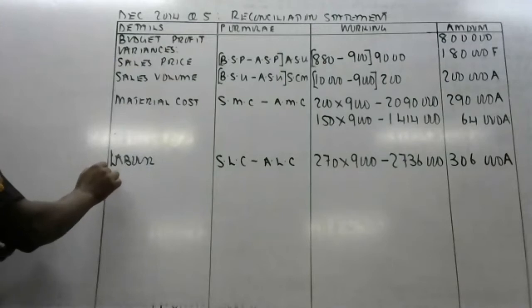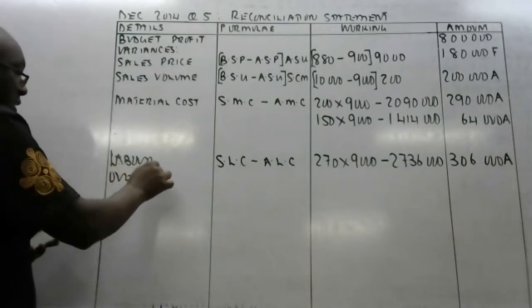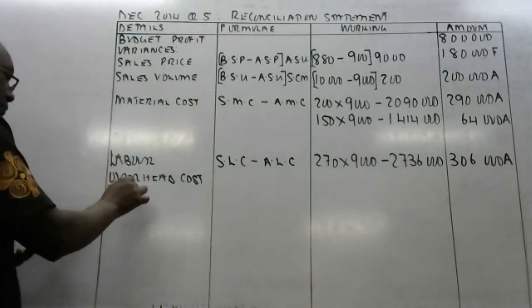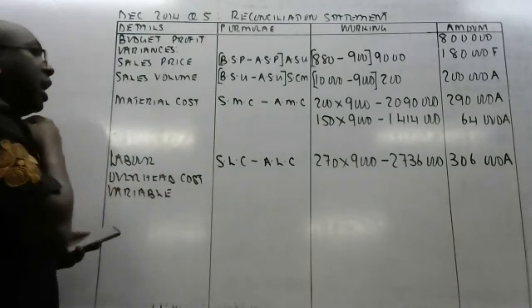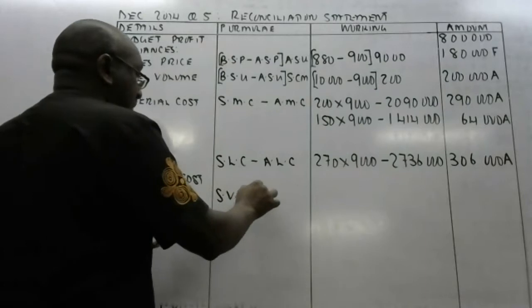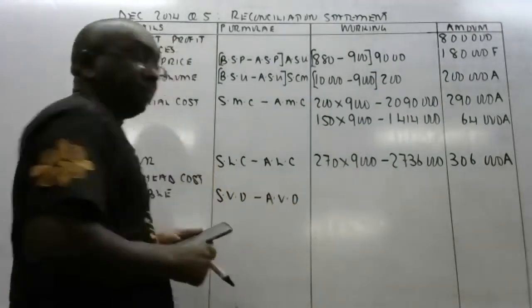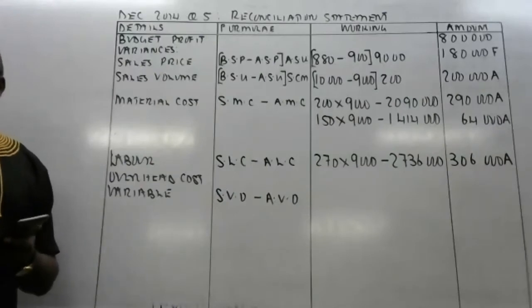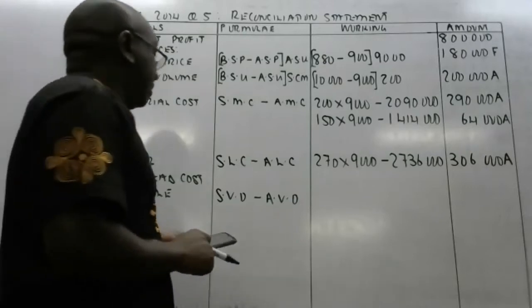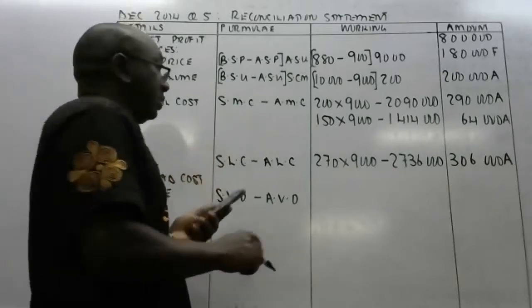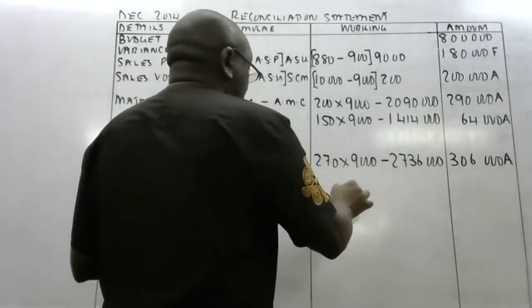Then the variable overheads. I just write overheads. Overhead costs. Let me start with variable. Now for the variable, it is standard variable overheads minus actual variable overheads. Looking at the standard, it is 60 times 9,000.